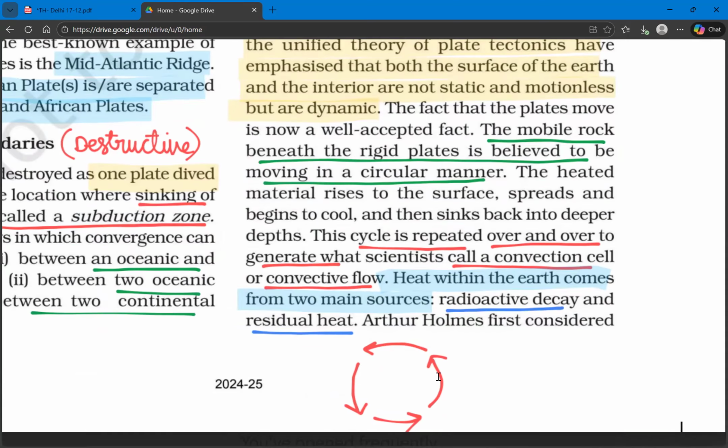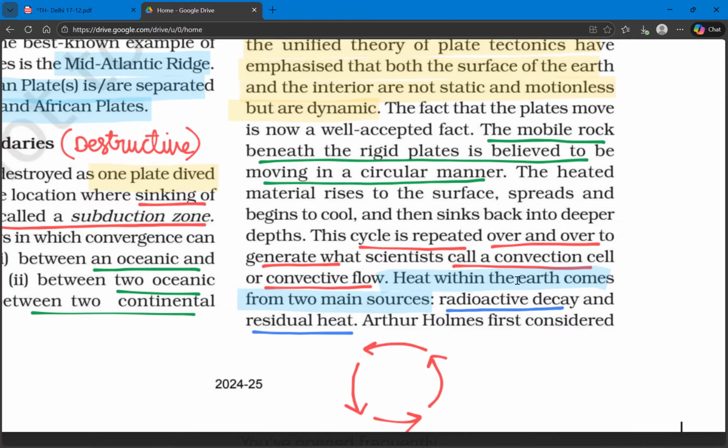And this cycle is repeated over and over to generate what scientists call a convection cell or convective flow. So this cycle is called convection cell or convective flow. But how does the matter inside the interior of the earth get heat so that this cycle can be repeated?